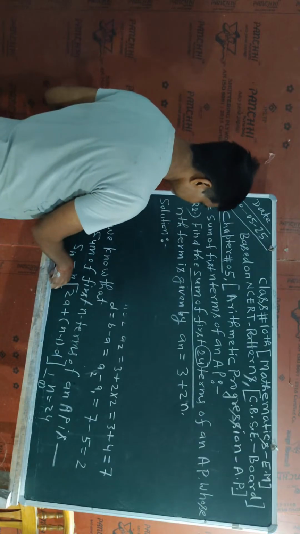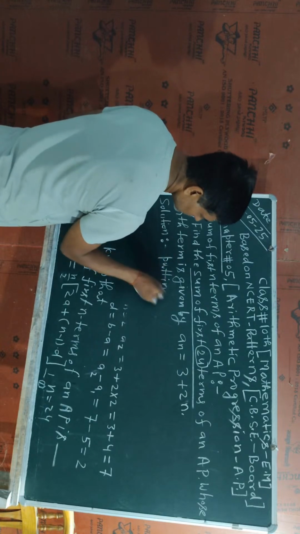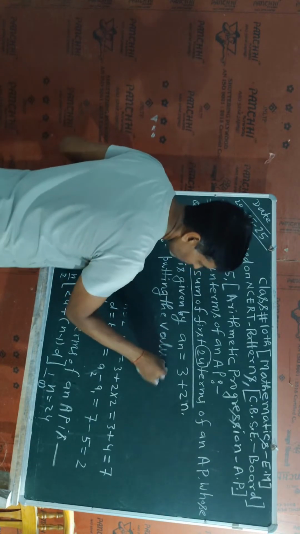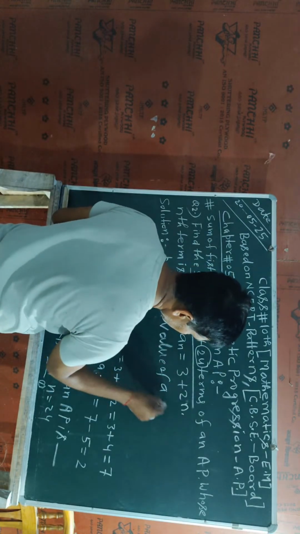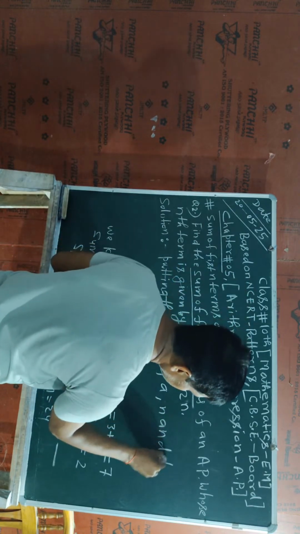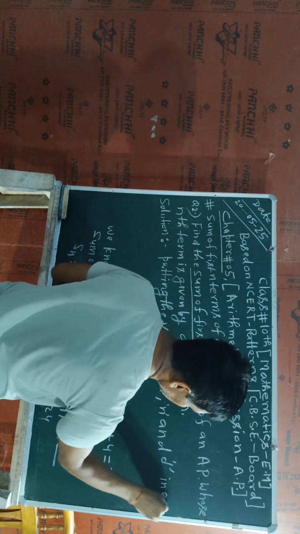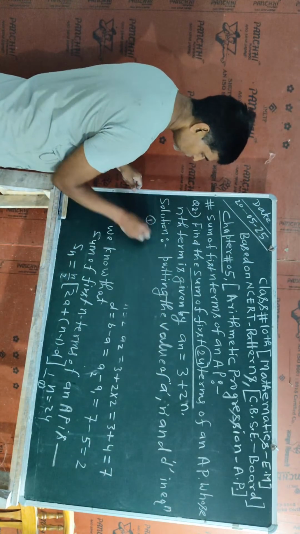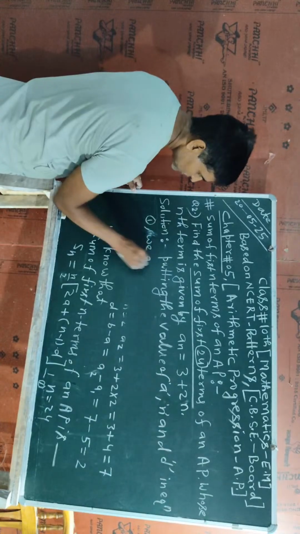Here I will write one statement: putting the value of a, n and d in equation 1 we get S24.